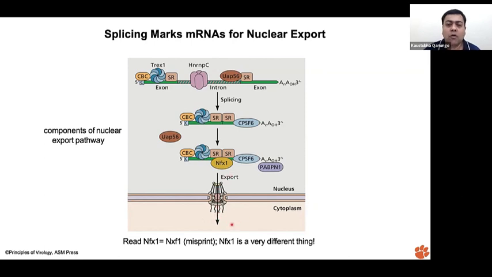So the take-home message is that after the splicing, a number of proteins assemble on the splice site and on the mRNA, and then the nuclear export factors assemble on them, and that marks that mRNA to be transported into the cytoplasm. So that's basically the overall process.